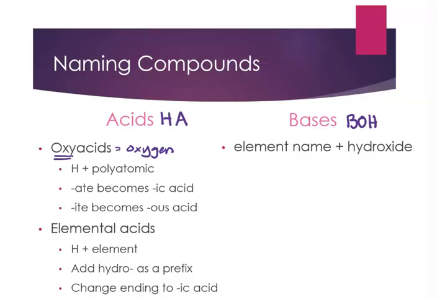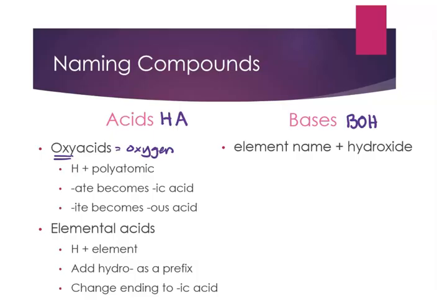If the ending is ATE, I remove the ATE and replace it with IC and then the word acid. If the ending is ITE, I remove that and replace it with OUS and the word acid. So if we have an oxyacid, we have two possibilities: something-ic acid or something-ous acid. The way we know which is by looking at the ending of our polyatomic.